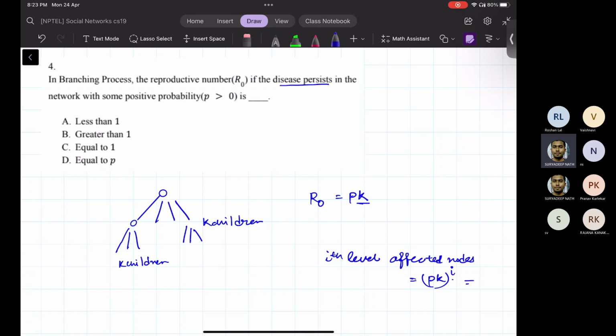So when i increases, p k to the power i should not go to 0. It won't go to 0 if it is greater than 1. So the right answer is greater than 1.